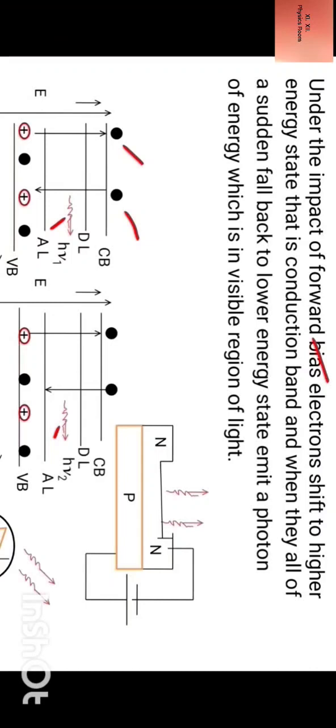You can look into the diagram to understand this process of spontaneous emission under forward bias conditions.